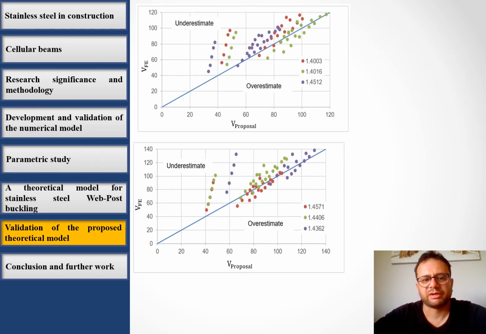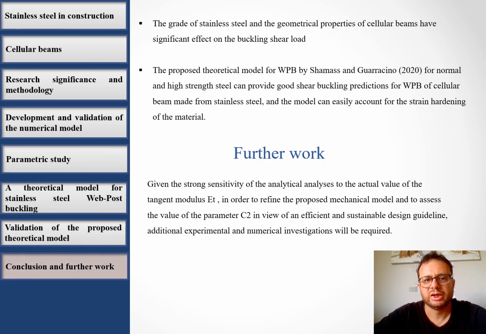From this, you can find the analytical model compared with the experimental and numerical results. It can be found that the analytical model gives a very good correlation and a good prediction of the shear buckling of web post buckling. In some cases it is underestimated, so we can conclude that the model is valid and gives very good results.